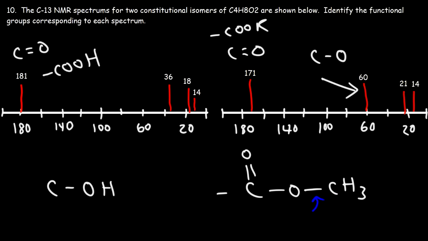This is the one that appears at 60, and for this one, this is part of the carbonyl system. Even though it has a CO bond, because it's attached to the carbonyl group, this is the signal that we see at 171. In the case of a carboxylic acid, this carbon is going to appear at 181. This CO bond is not really relevant because that same carbon is still part of the carbonyl group.